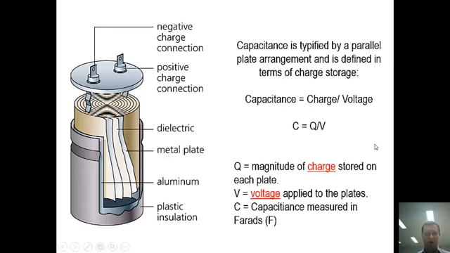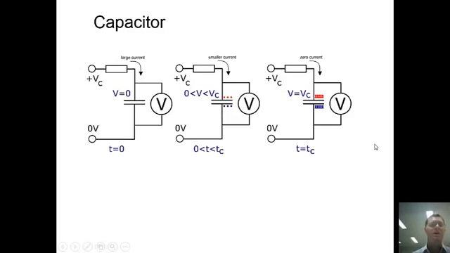How it would work in a circuit would be if you introduce a capacitor, and the symbol there is the two parallel lines, to a basic circuit. What happens is initially there'll be a large current, and the potential across the capacitor would be zero, and then it would start to charge.